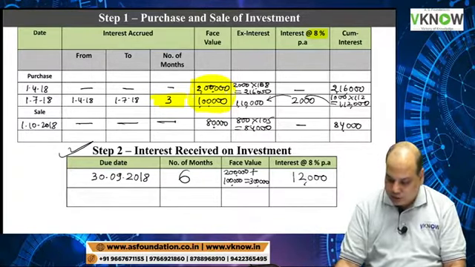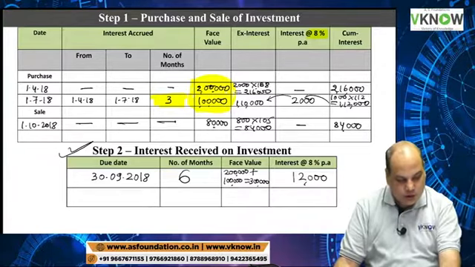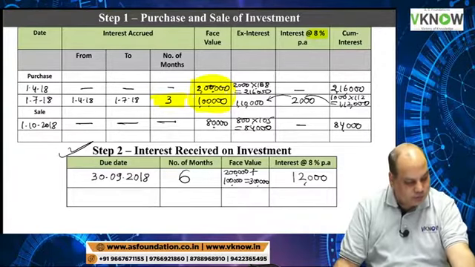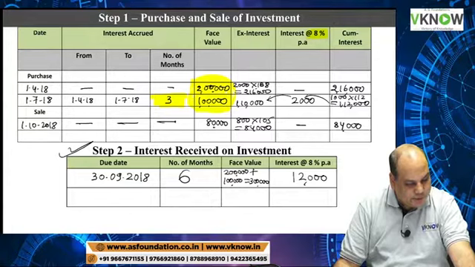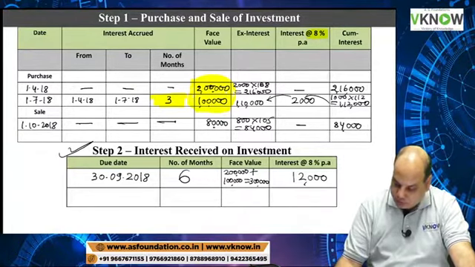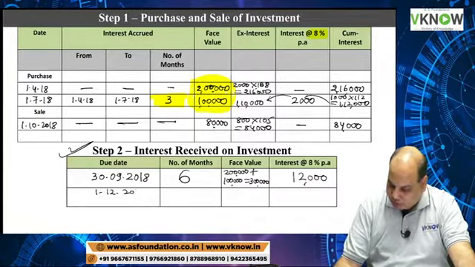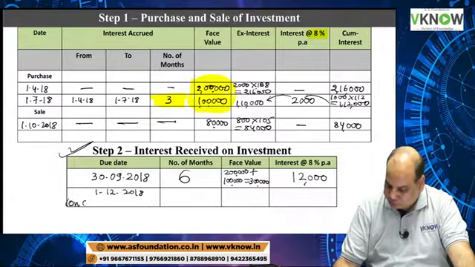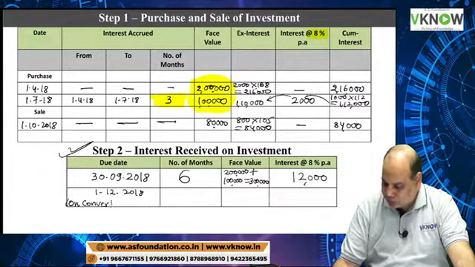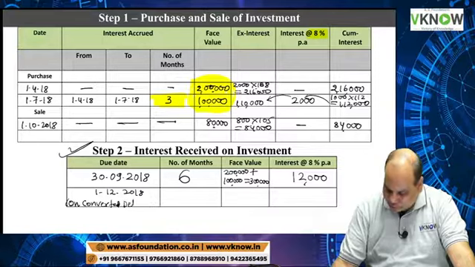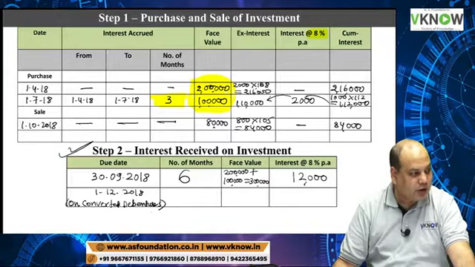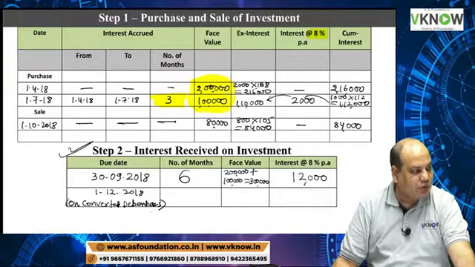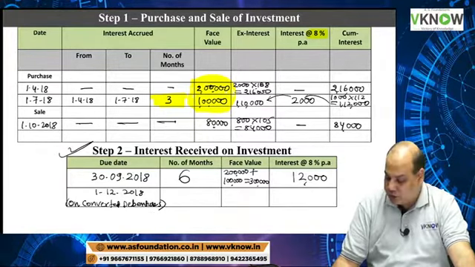And then you have received interest on conversion date also. In your question book, I have given you the question on 1st December 18. You will receive interest on converted debentures.